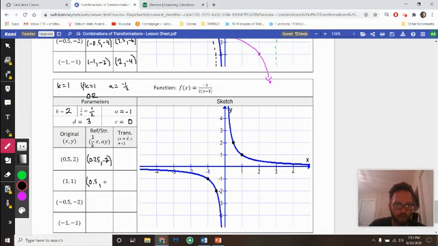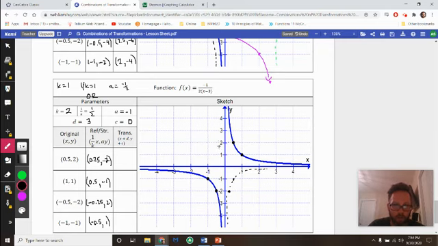Having the x and flipping the y, -1, -0.25, and 2, and -0.5, 1. Yeah, this will be a bit squishy, guys. That's okay. 0.25, -2, 0.5, -1. So you can see it's definitely squished closer together.